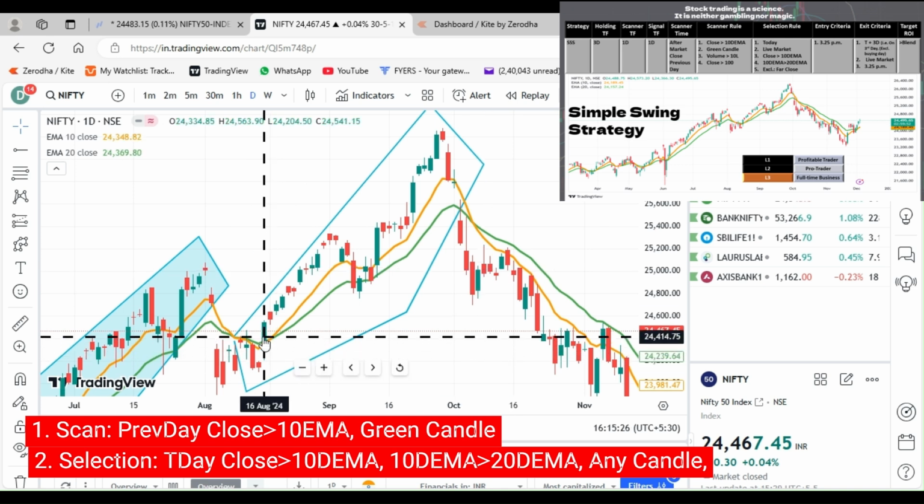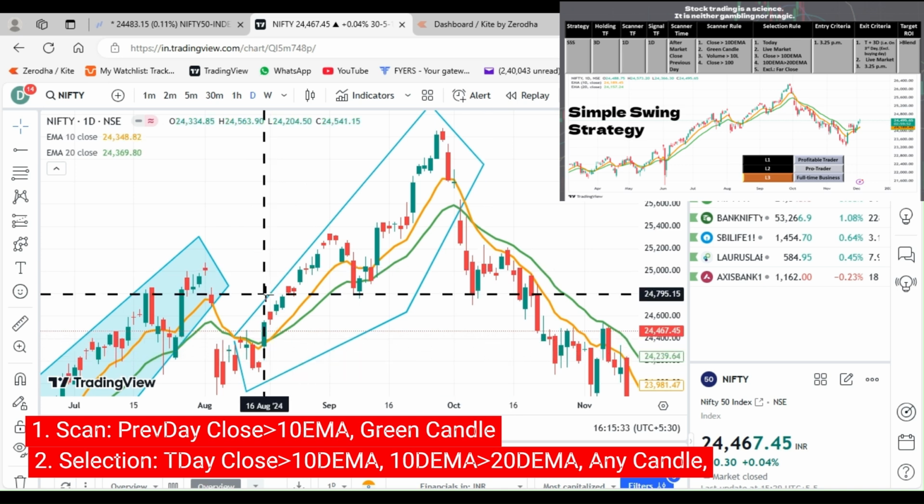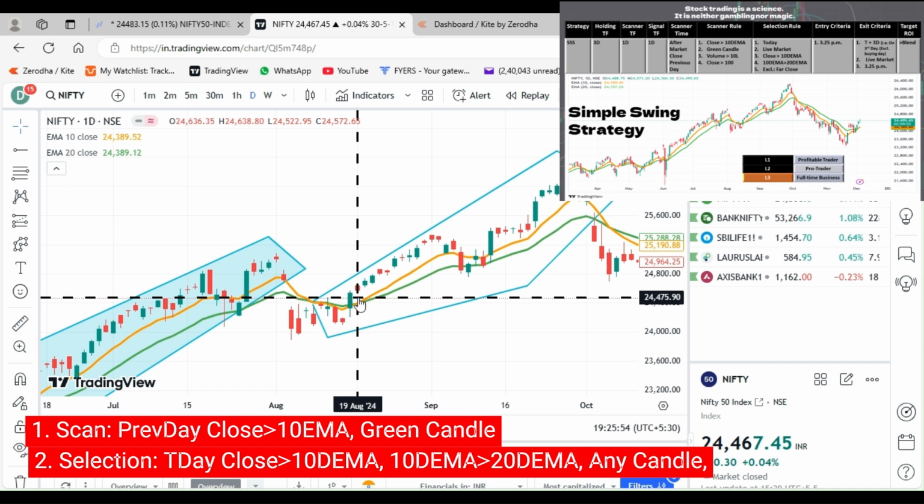Analyzing the second area when we can see the uptrend. Now the first day when the candle crossed the orange line is on 16th of August. Now on the next day, that is the day of entry, I can see that the 10 DEMA is 24,389.52 and 20 DEMA is 24,389.12.